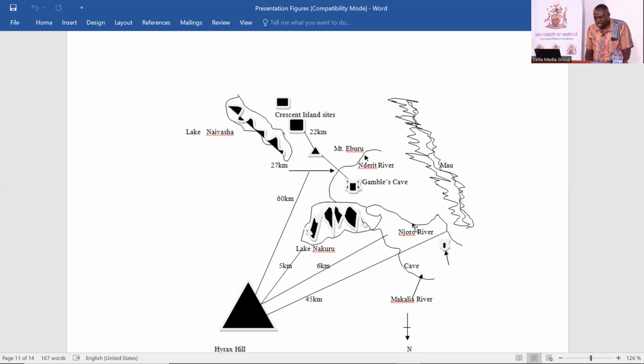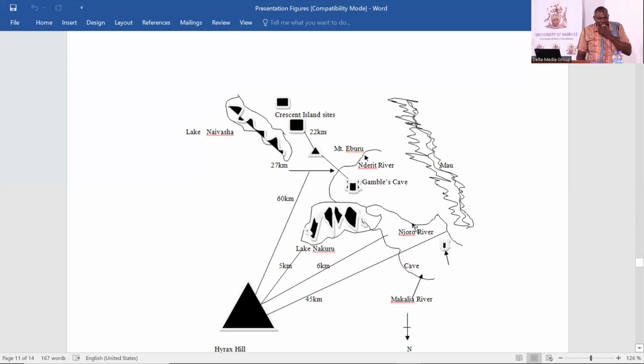Now, moving away from that, I want to say that in this study, the use of space by Pastoral-Neolithic communities of the Central Rift can then further be understood in the context of what we call site catchment analysis.